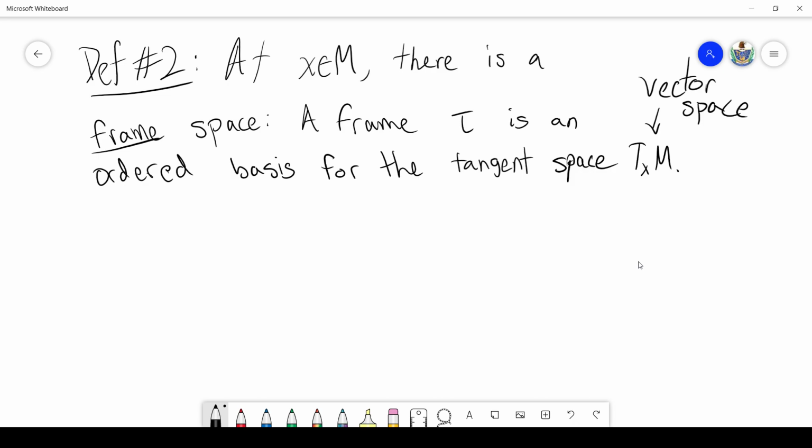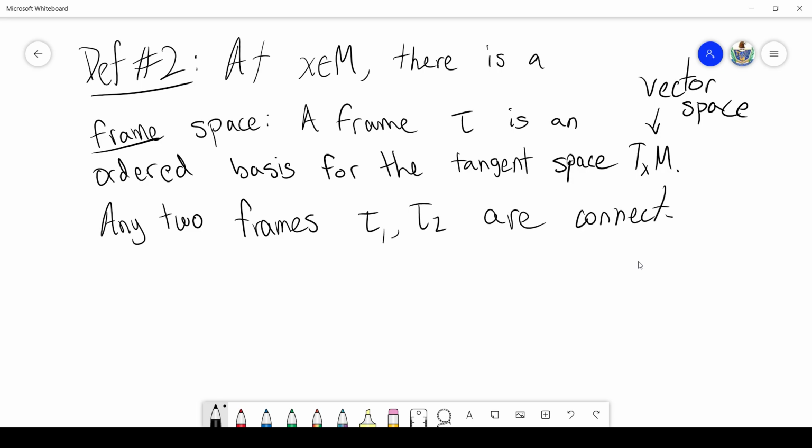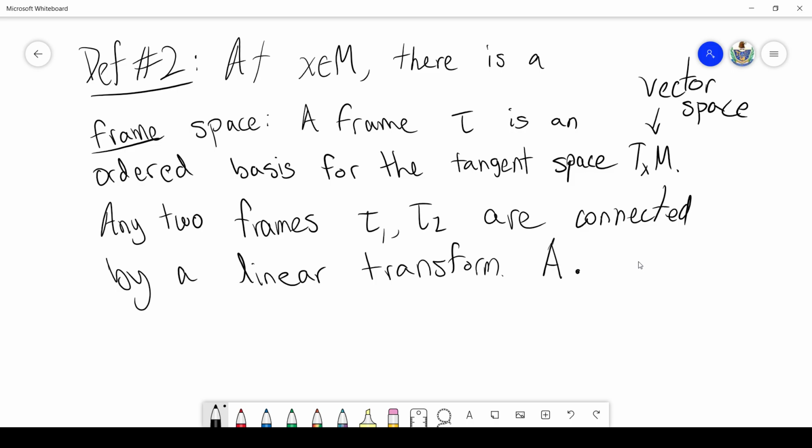And so essentially any two bases, or well, I should say frames now, any two frames, tau 1 and tau 2, are connected by a linear transformation, let's call it A. So in other words, A tau 1 equals tau 2.